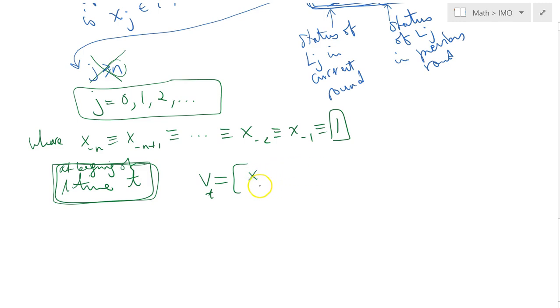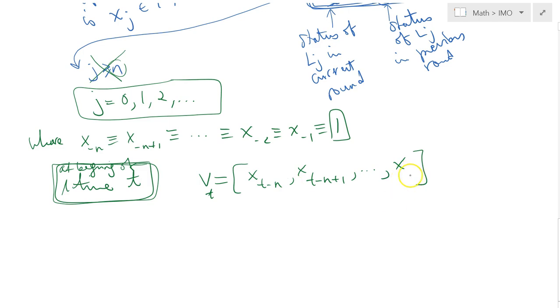So how do I do that? Yeah, why not? Okay, let me just write it like this. I'll explain in a minute what I mean by this notation. Minus n plus 1, x sub minus 1, minus t minus 1, sorry for that, t minus 1.